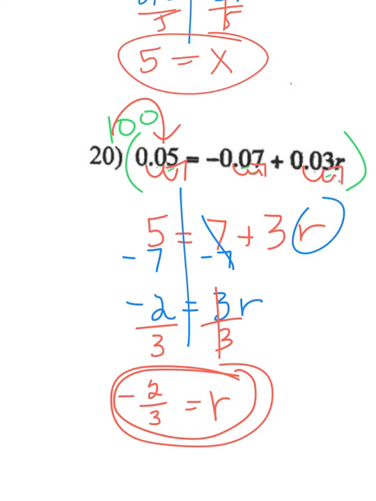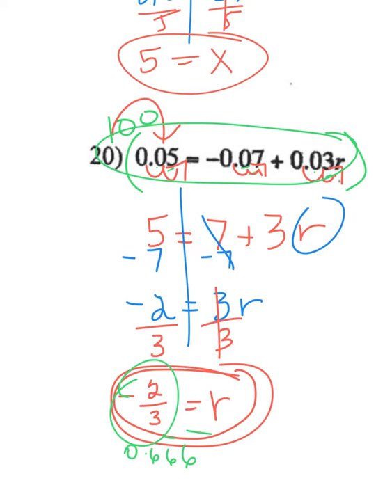That's why I didn't think that was right, because if these answers are all in decimals, then I should be able to put this into a decimal, but this turns out to be 0.6666 repeating, and that doesn't seem right because I can't write that as a perfect decimal. So I did something wrong. And what I did wrong, I don't know if you noticed it, is I didn't bring down that negative sign right there. Changes the whole problem. That means you have to do it all over again. Sorry about that, you guys.